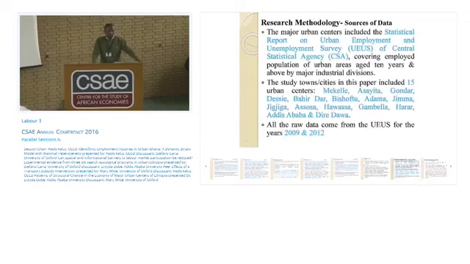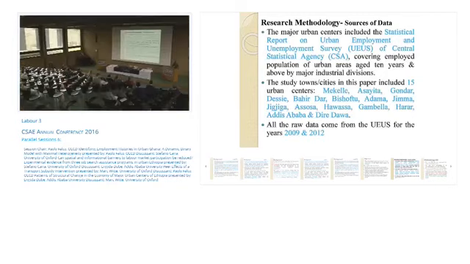So the method: the source of the data is entirely based on the Urban Employment Unemployment Survey. Two surveys, 2009 and 2012. I wrote this paper in 2012 for a PhD seminar at Addis Ababa University for a course known as Urban and Regional Development Planning.